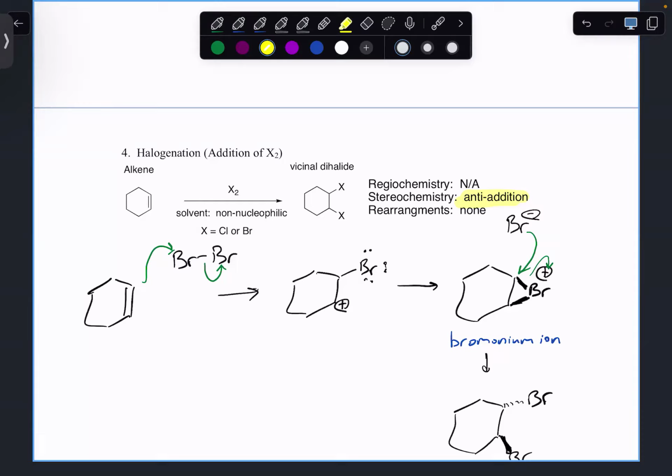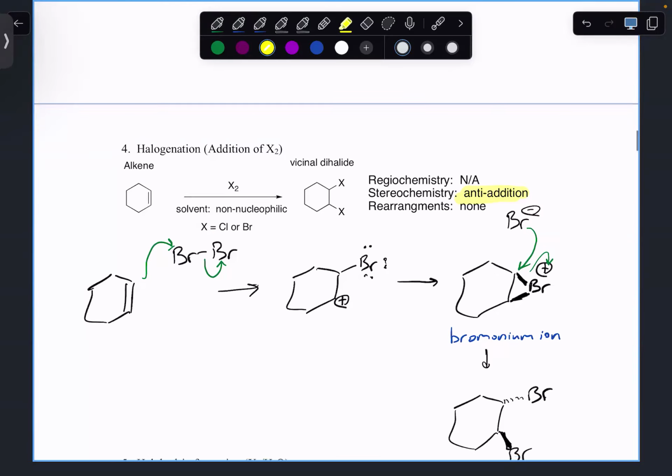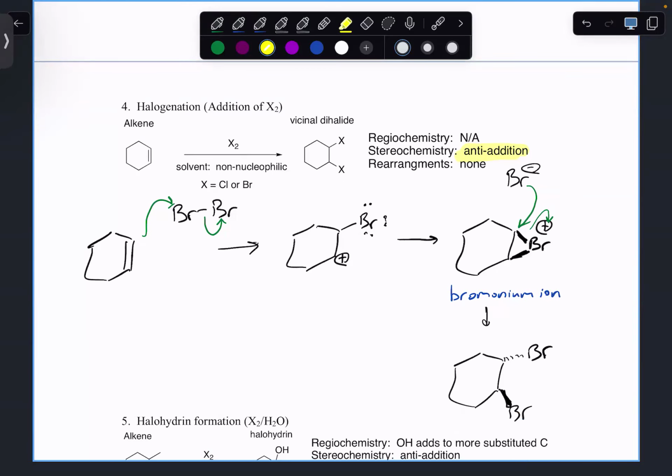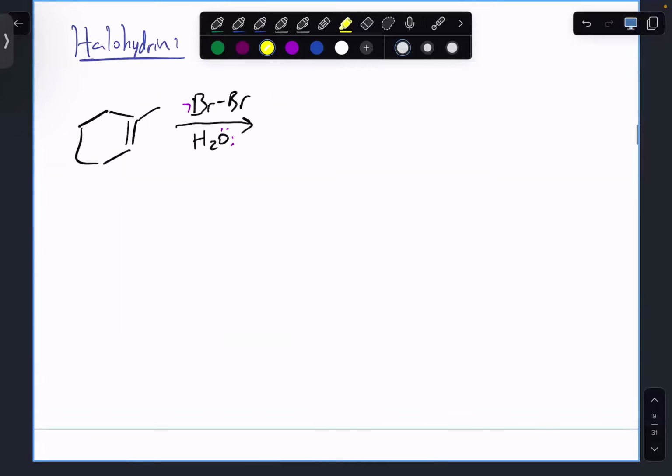All right. So I want to show you, this example is fairly simple because both of those carbons were the same, right? They're both secondary carbons. So the bromide could have theoretically added to where I drew it, or it could have just as equally added to that other carbon too, because they're the same as each other. But what happens if they're not?